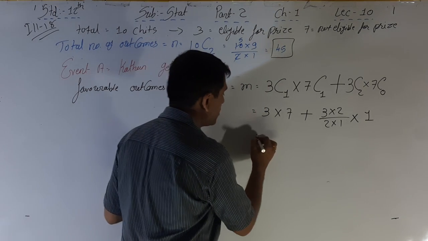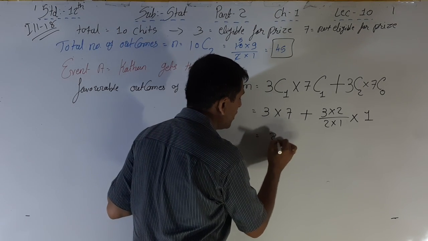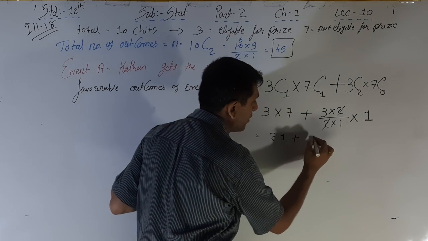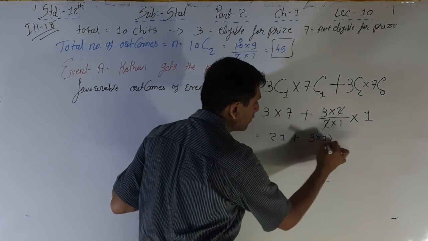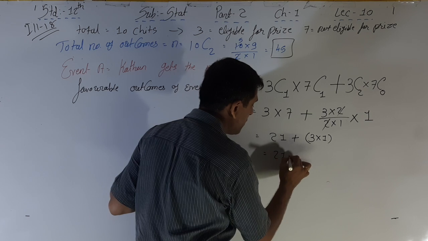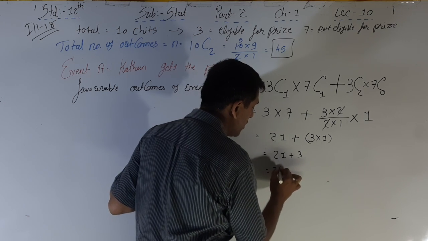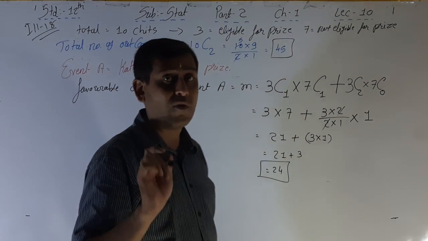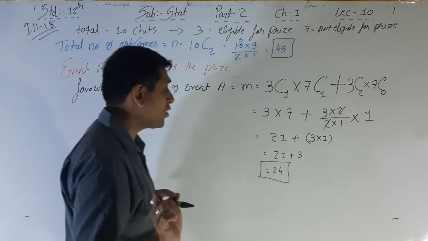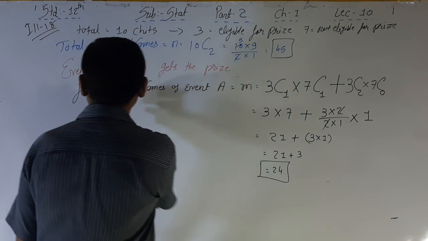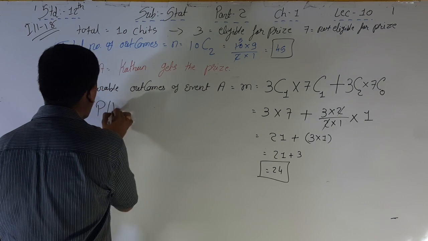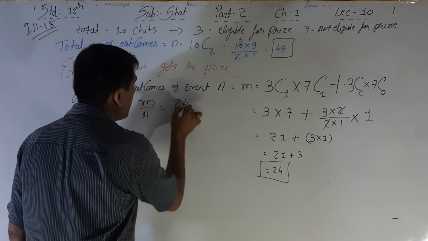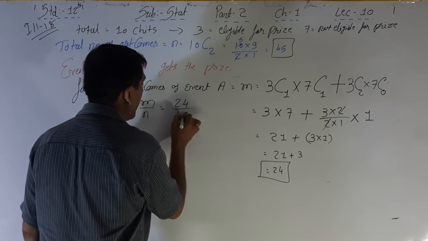So here the answer is 7 3s are 21, or here 2 cancel, so 3 into 1. So you get 21 plus 3, that is 24. Your favorable outcomes for this event is 24, and therefore P of A is equal to M upon N, that is 24 by 45.